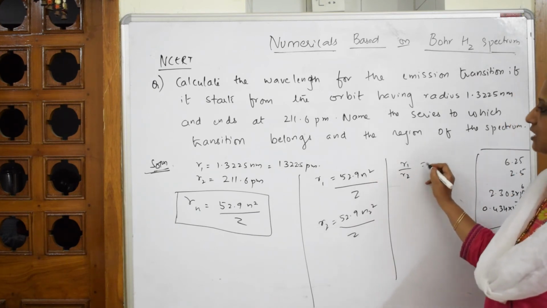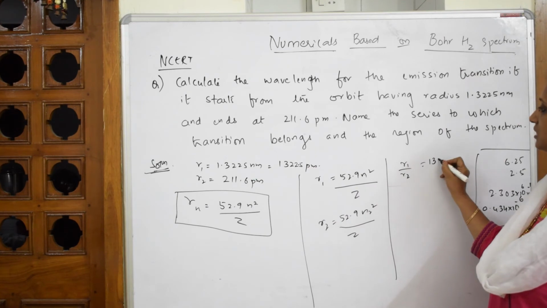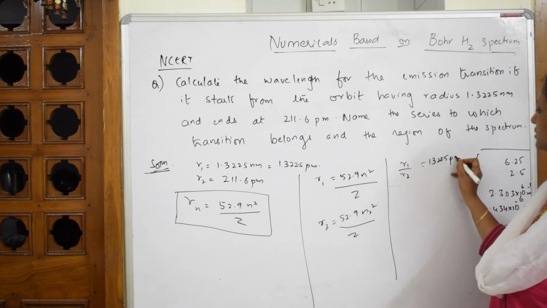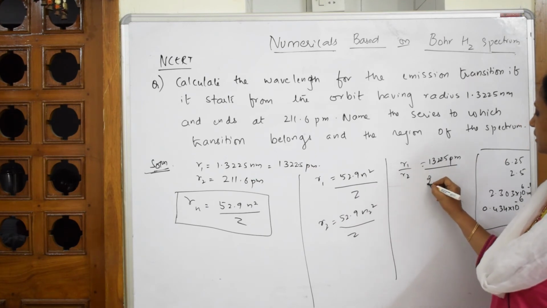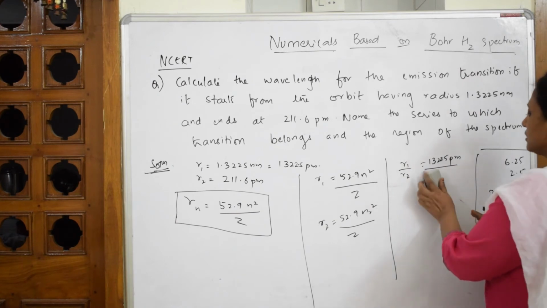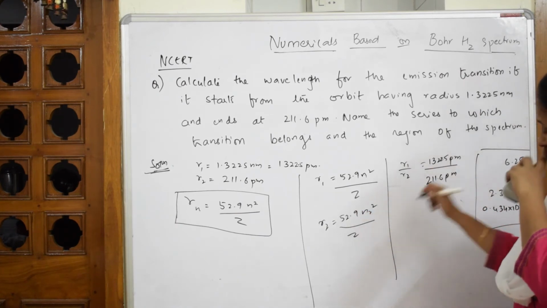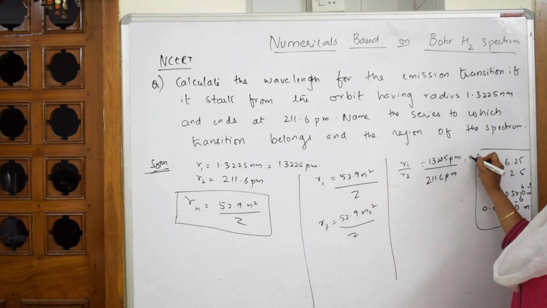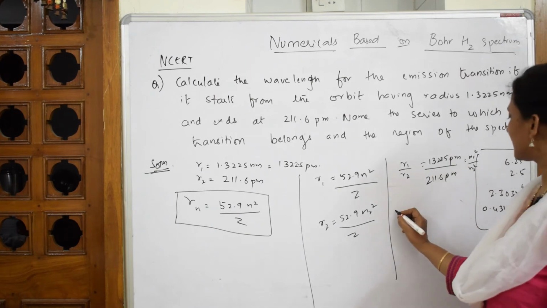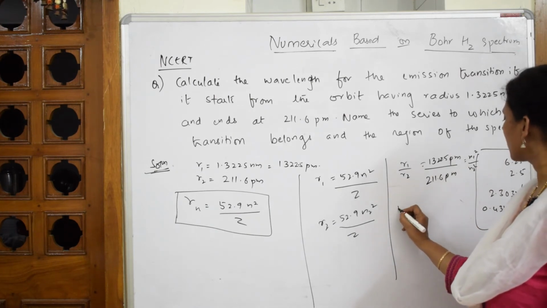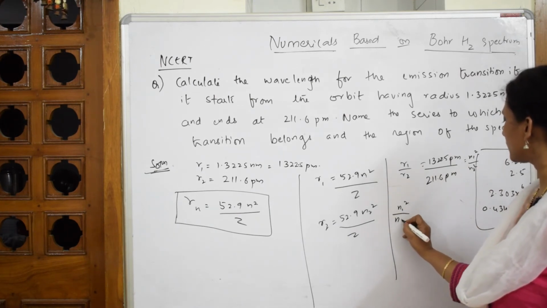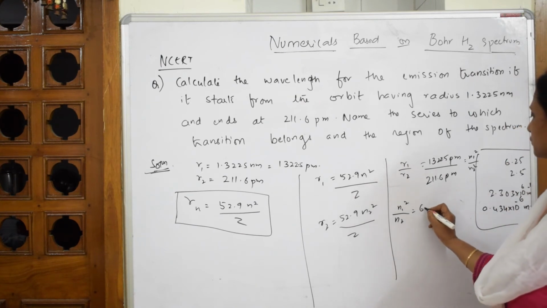The value for R1 is 1322.5 picometer. R2 is 211.6 picometer, which is equal to n1 square by n2 square. Now when I solve this, I get n1 square by n2 square as 6.25.